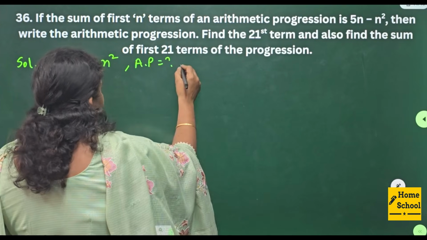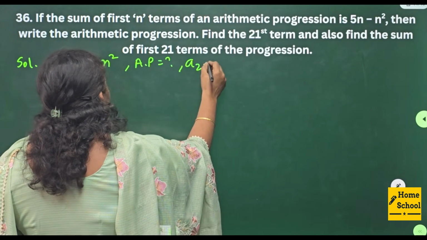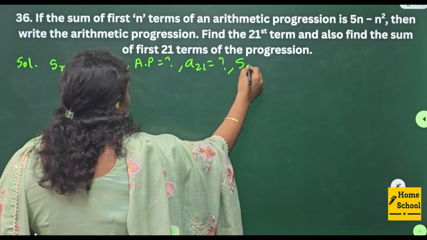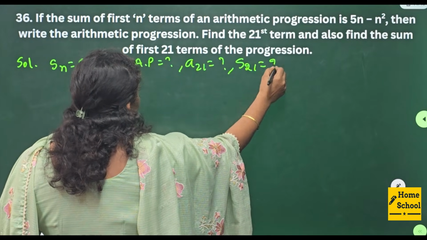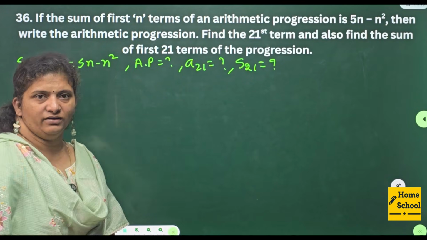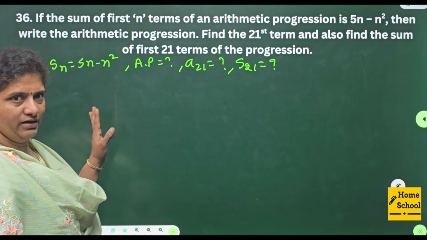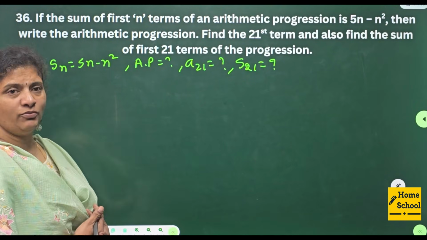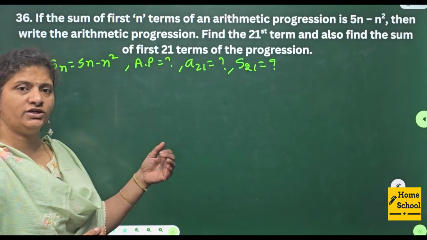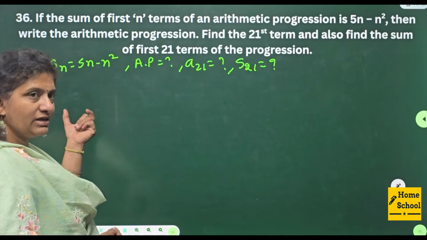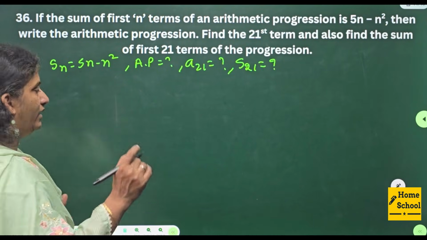Find the 21st term, A21, and also find the sum of 21 terms, that means S21. How to do this problem? We know Sn. We don't know the arithmetic progression. If we know the arithmetic progression, we can find any term or sum of terms. By using this, first we will find the AP.